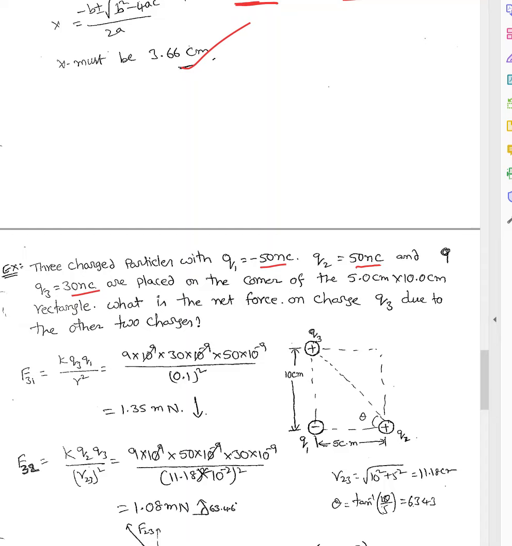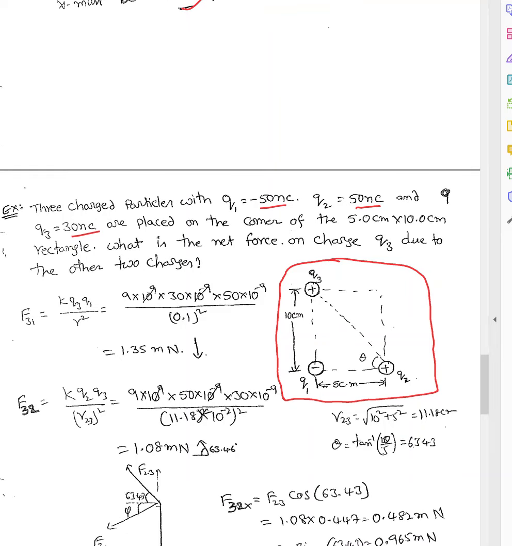I believe either he gave us the diagram or I chose those. Looks like he gave us the diagram, so I will go with this diagram because I can see Q1, but I'm not sure whether Q2 goes there or here. Looks like I got this from the textbook.